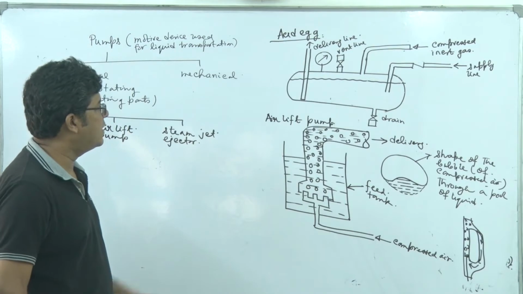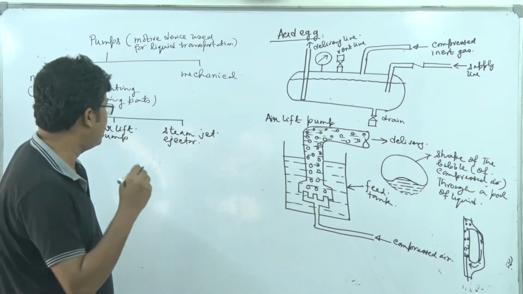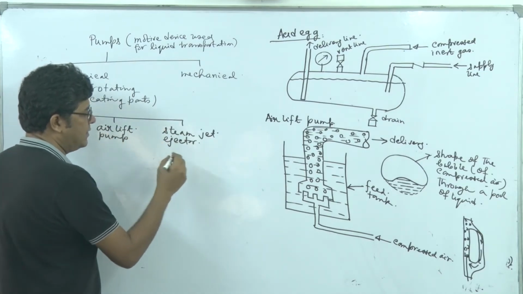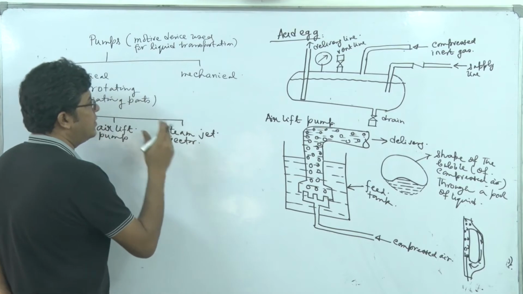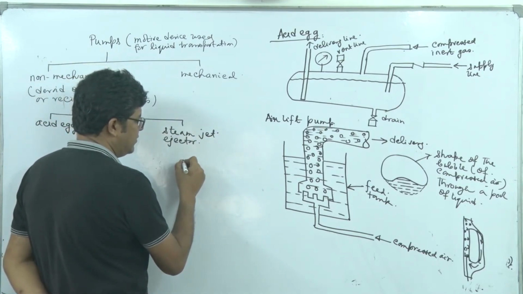Next is the steam jet ejector. We will discuss it in detail in heat transfer, particularly when we discuss the evaporator section. But here, for this particular section on pumps, we will have a very basic idea of the steam jet ejector.